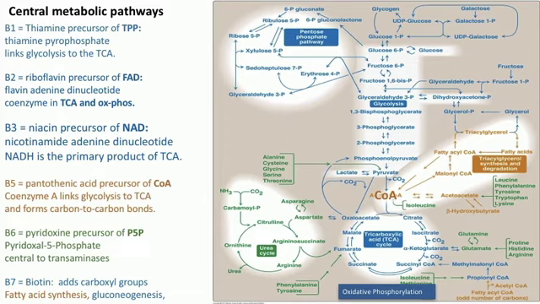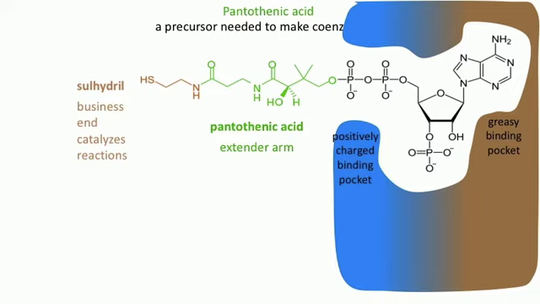Very important, pantothenic acid. And what's so convenient about it, kind of like with ATP, you have that huge greasy base which will want to stick to a greasy pocket in an enzyme. And you have a hydrogen bonding group with some negatively charged phosphate groups.